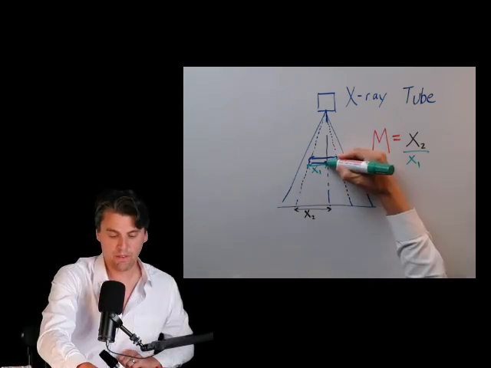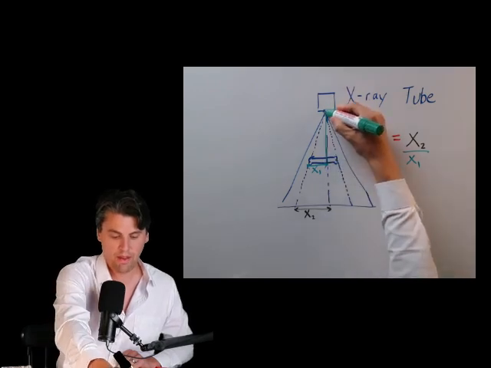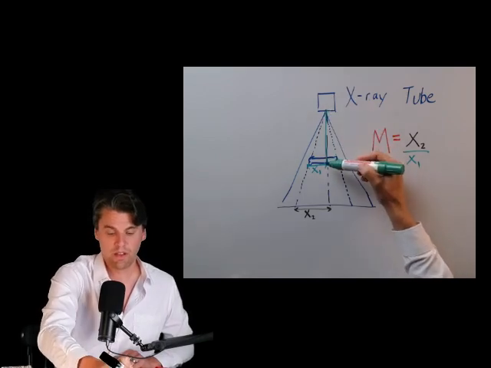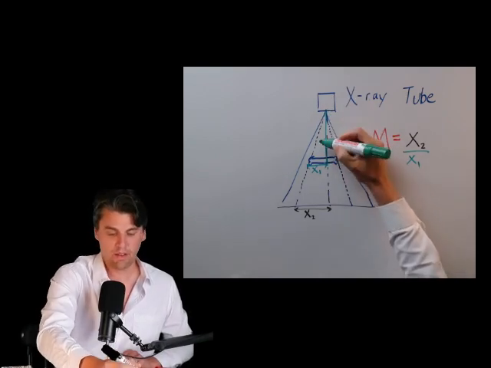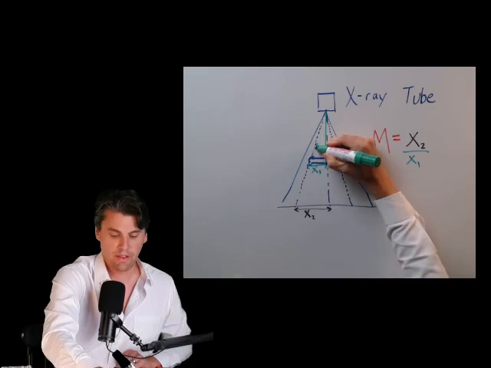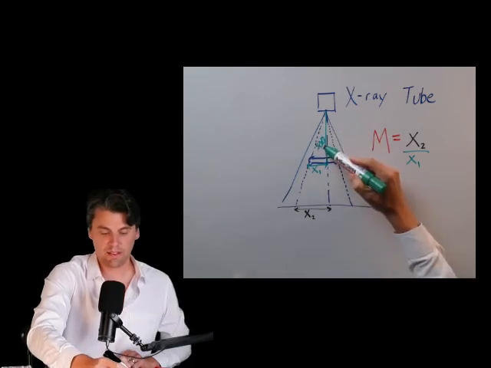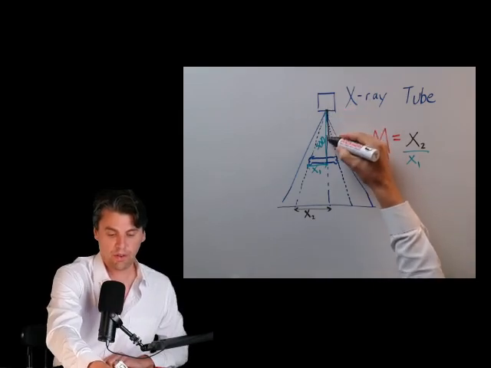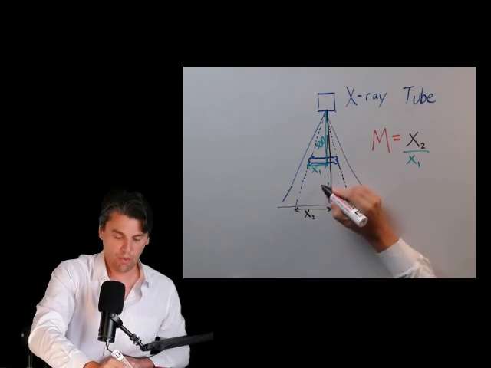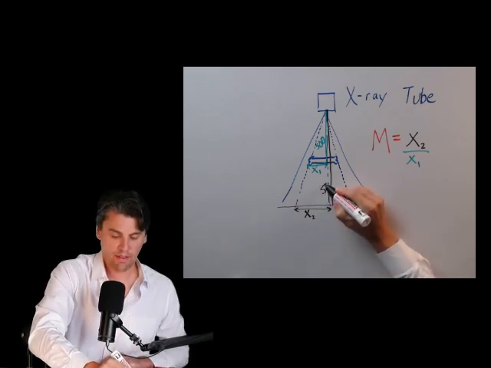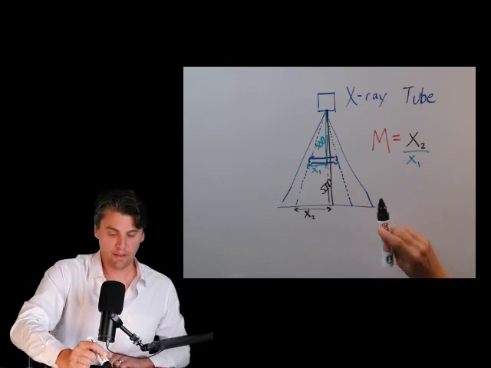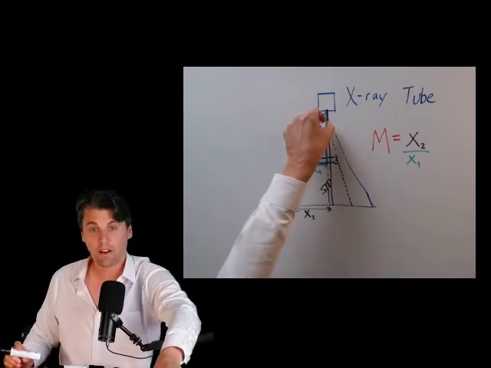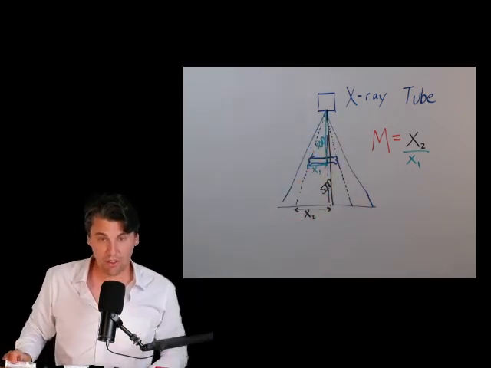If we look at this triangle here up at the top, this is the source to the object distance. We call this the source to object distance, the SOD. And then this distance here from the source all the way down to the image plane, we call that the SID. You can see actually this angle right here in this triangle is the same.